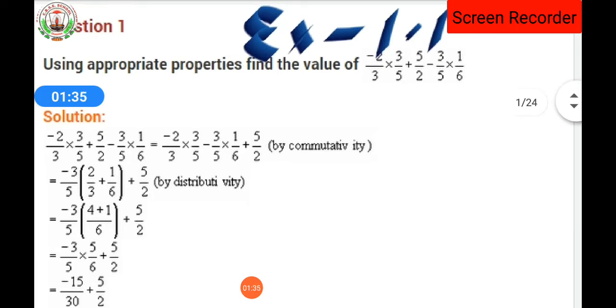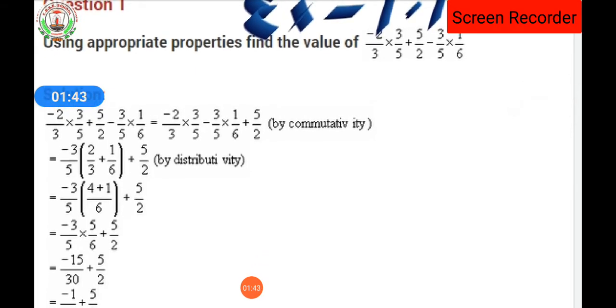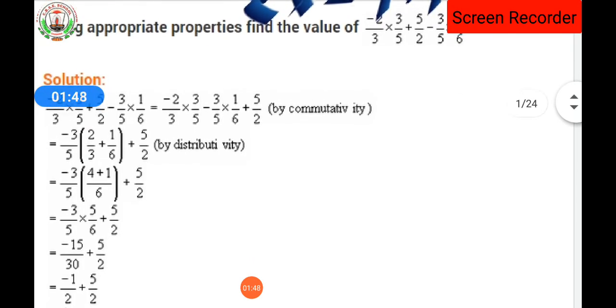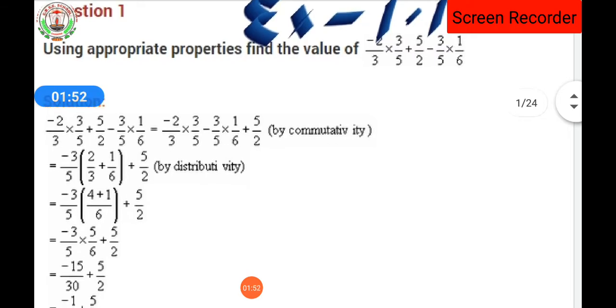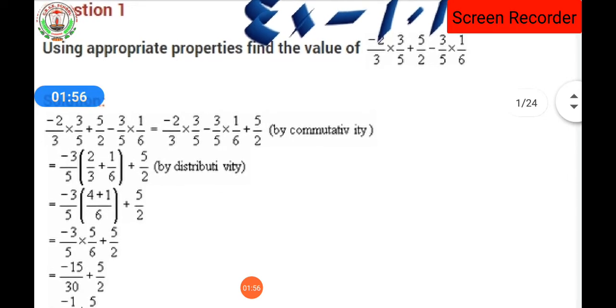Using appropriate property, find the value of minus 2 upon 3 into 3 by 5 plus 5 by 2 minus 3 by 5 into 1 by 6. This is the question. So as I told you beforehand also, we have to use appropriate property, as we know that many properties are there for rational numbers.